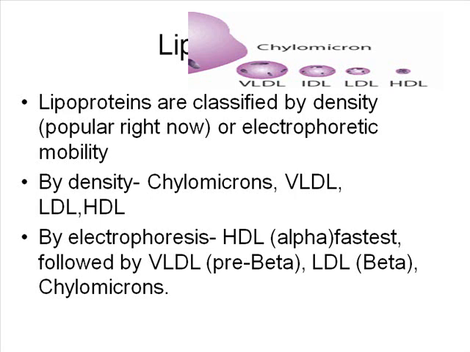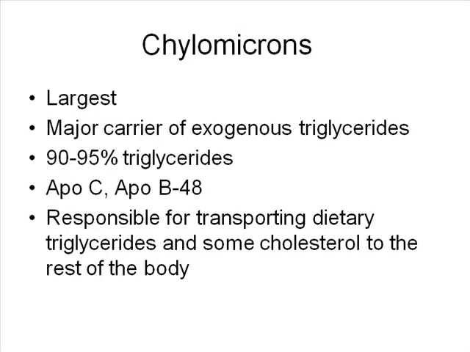So if you remember protein electrophoresis, you should also remember lipid electrophoresis by the names of the constituents here. It's followed by VLDL, which is called pre-beta. Go back to your protein electrophoresis. LDL then migrates with the beta area, and then you have your chylomicrons.